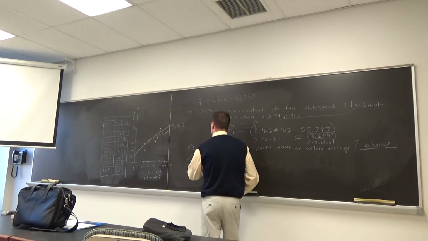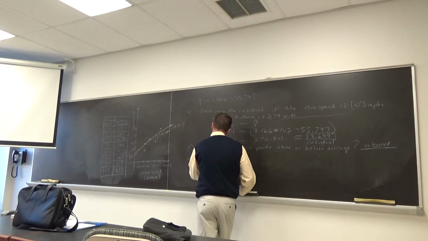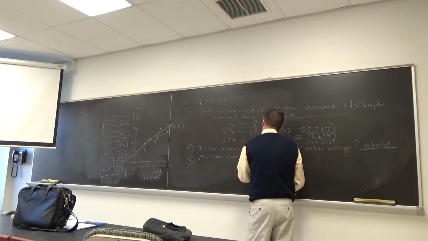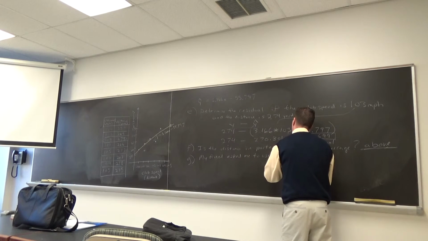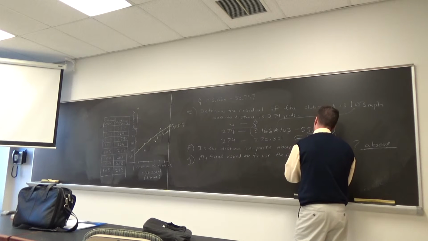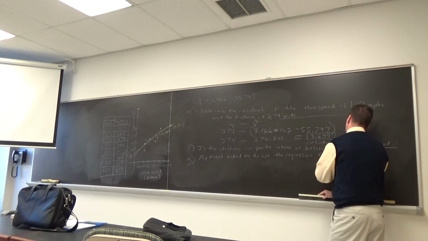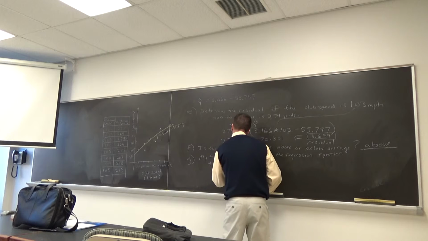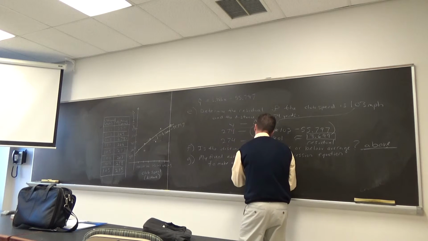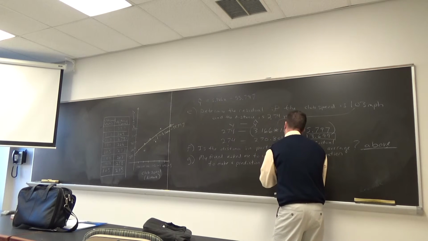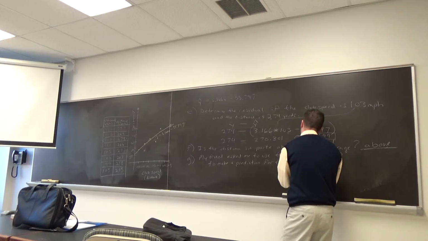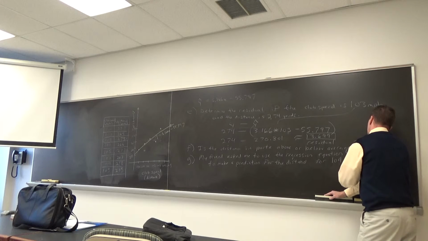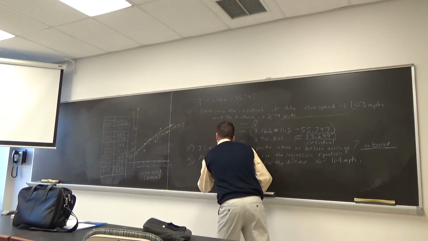So my friend was asking me to use the regression line to make a prediction for the distance for 104 miles per hour. What is that distance?